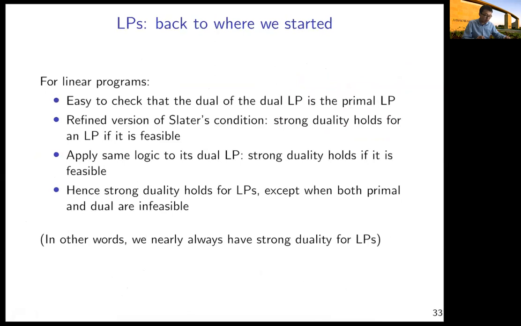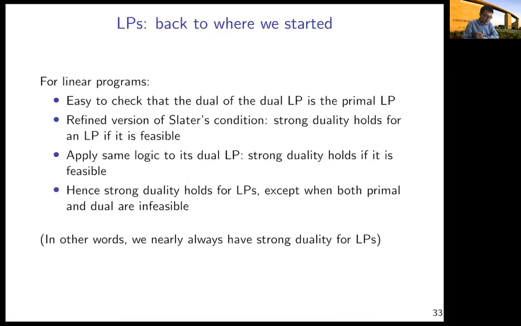Using that refinement of Slater's condition, that implies that for all linear programs, provided that it is feasible, if the solution exists, then the LP primal and LP dual have the same optimal value. Okay, so this is something that's extremely useful.